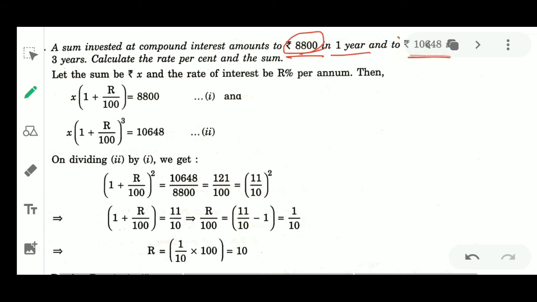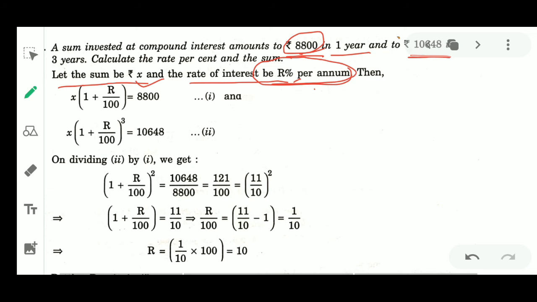So let the sum be x and the rate of interest be r percent per annum. So here x is the sum and r percent is the rate of interest.